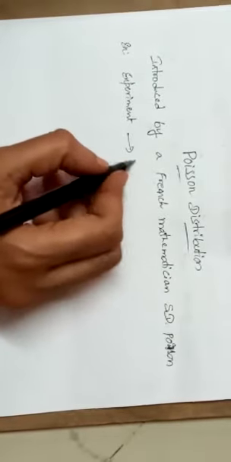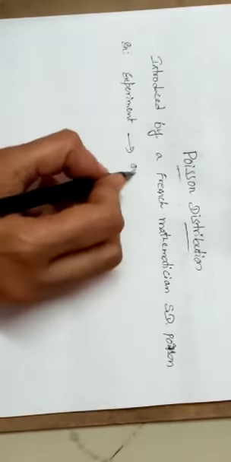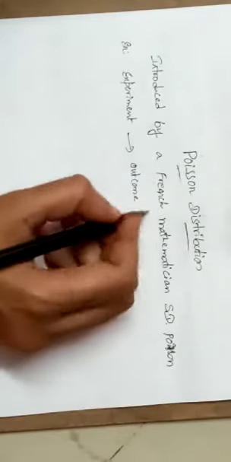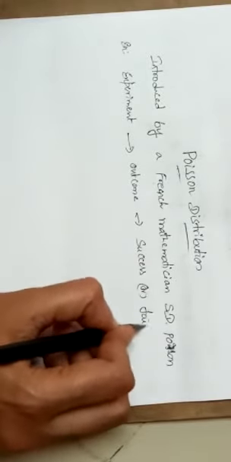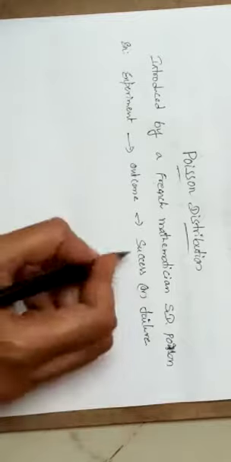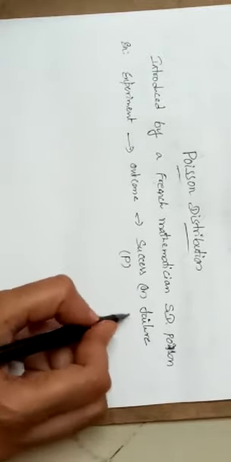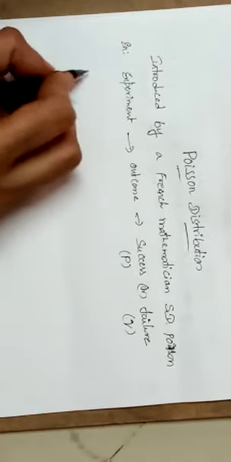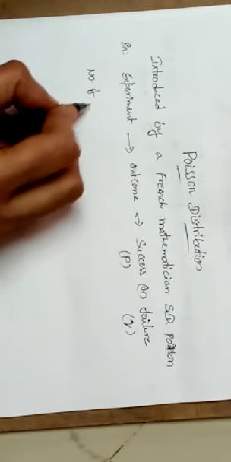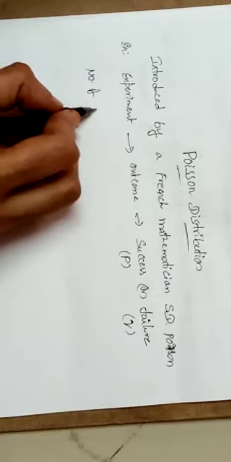Whenever we do an experiment, we may get an outcome, that is success or failure. So consider this success as P and this failure as Q.